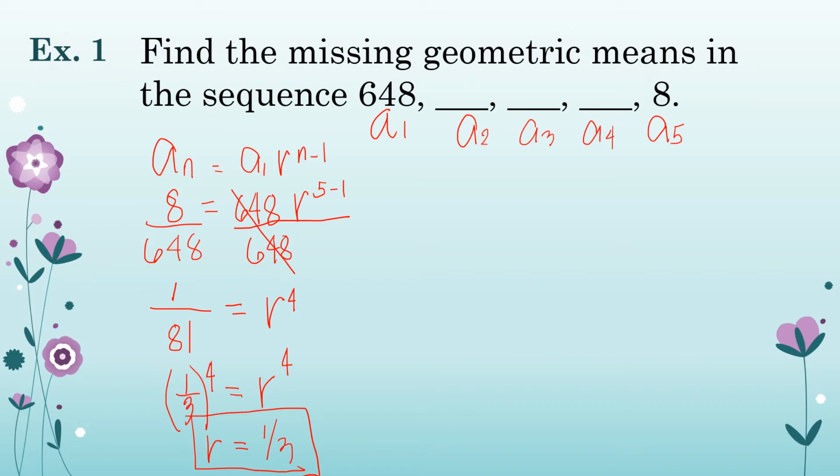So let's now find the three geometric means. Since you already have the common ratio, then a sub 2 will be equal to a sub 1 times r. So that is equal to 648 times r, which is 1/3.